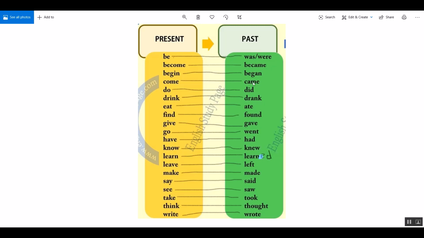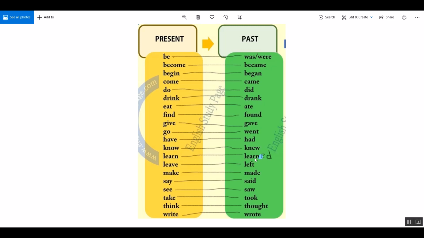Come, came. Do, did. Drink, drank. Eat, ate. Find, found. Give, gave. Go, went. Have, had. Know, knew.